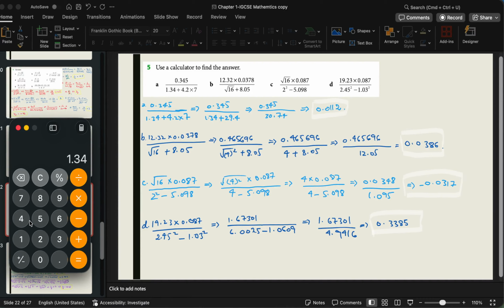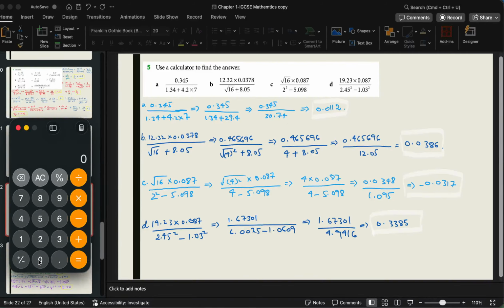So then we have 1.34 plus 29.4, which equals 30.74. So now we would do the division because we have 0.345 in the numerator and in the denominator we have 30.74.